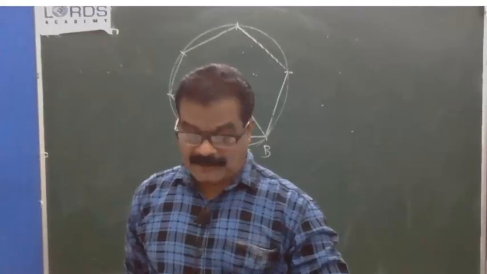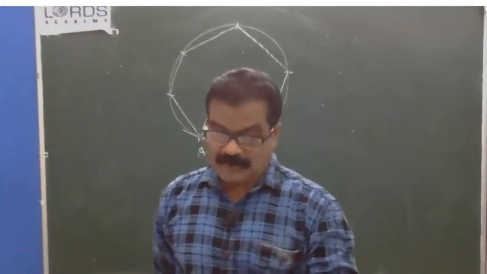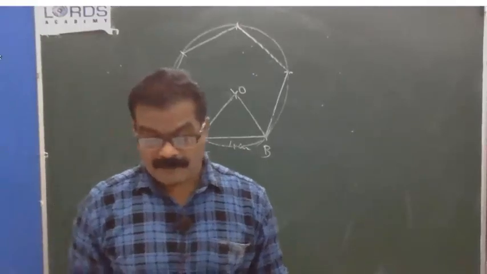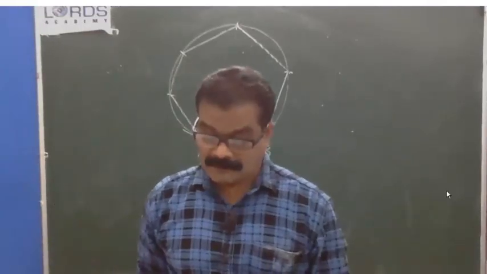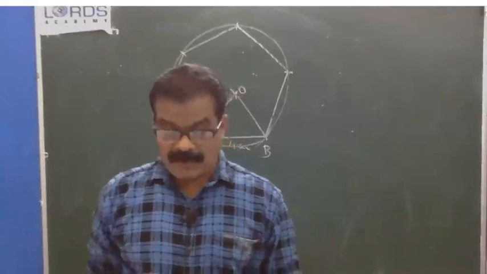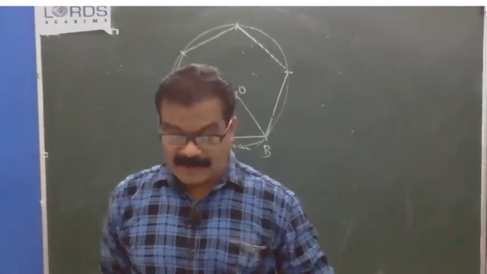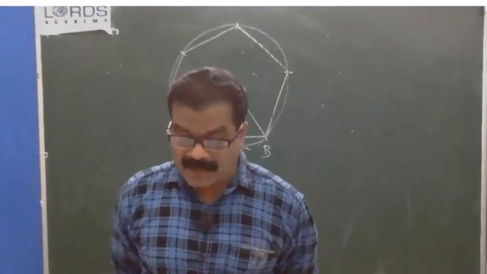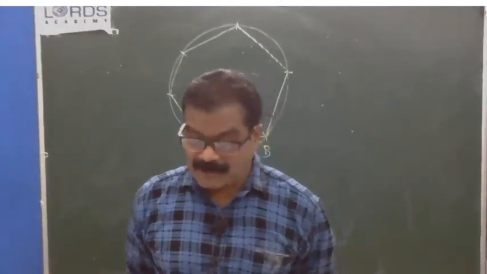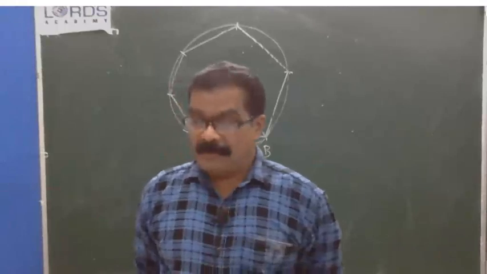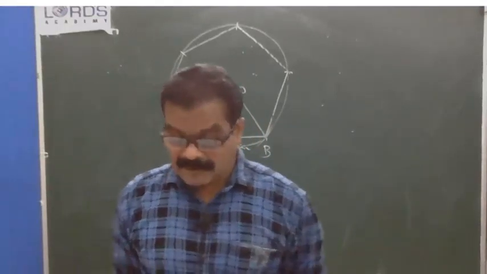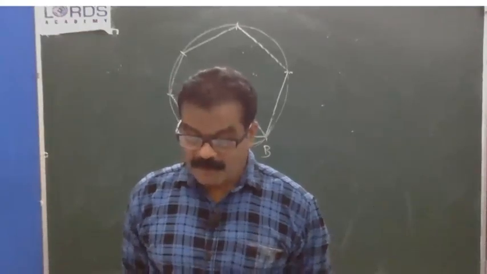Then let us take question number 12. Another variety of question is there. Using ruler and compasses only, construct a triangle ABC in which AB is equal to 8 centimeter, BC is equal to 6 centimeter and CA is equal to 5 centimeter.